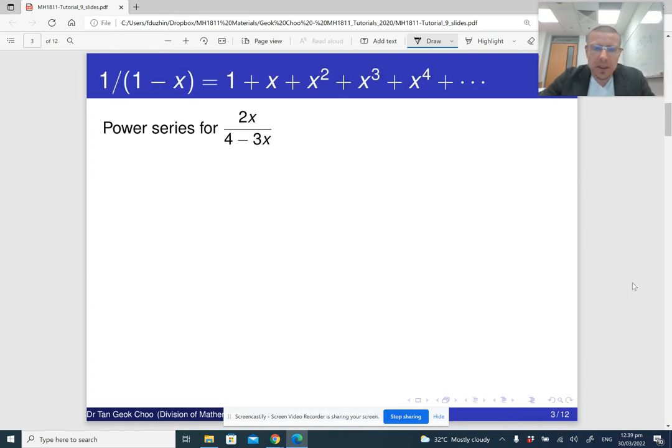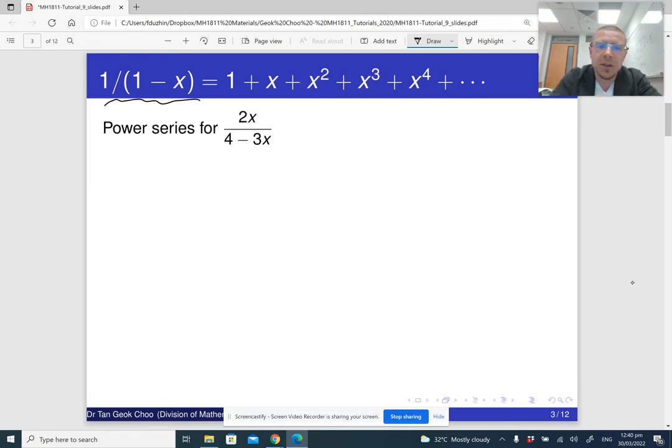In part A, we need to find the power series for this function, 2x divided by 4 minus 3x. Basically, the form that we're looking for is 1 divided by 1 minus something, so it's going to be 1 minus something in the denominator.